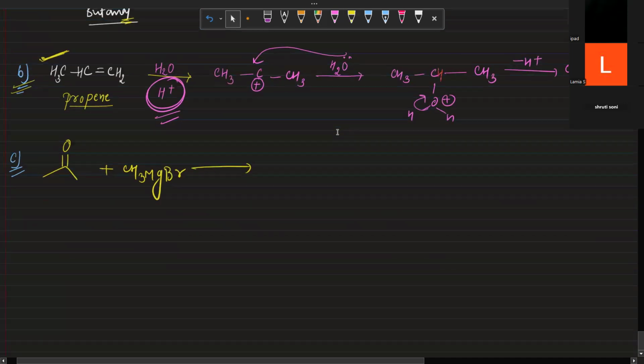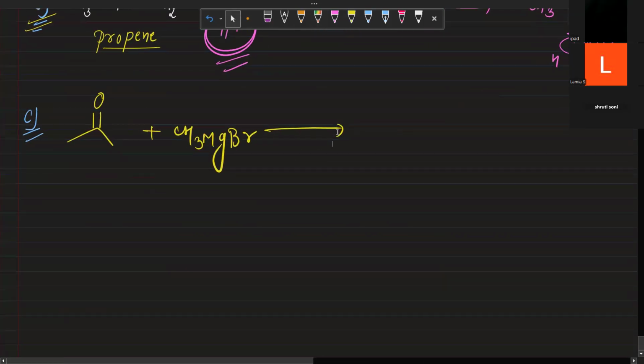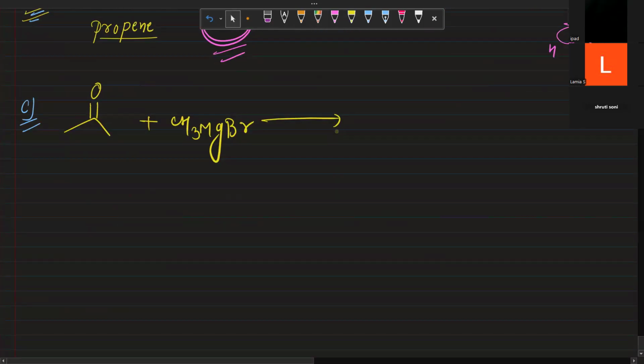Let's see. I think the Br, because Mg is positive, would try to attach to the carbonyl carbon.